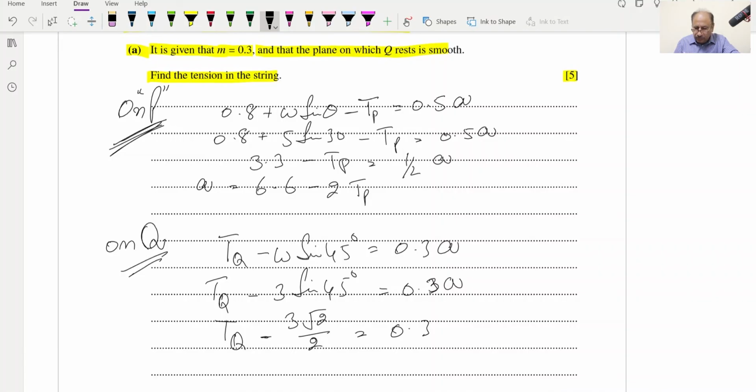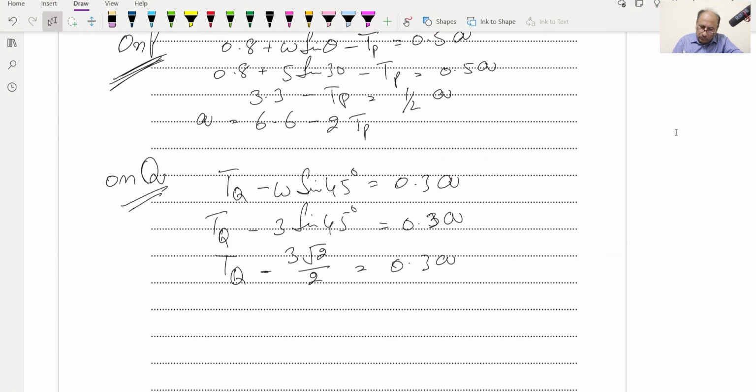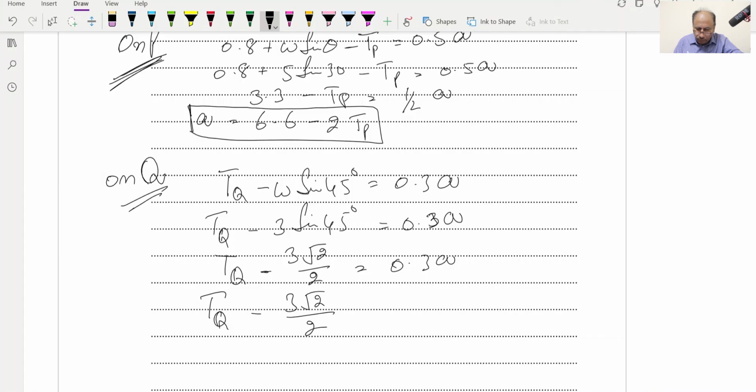This is 0.3a. Now we can replace this a value by the a value which we calculated. So we will get TQ minus 3 under root 2 over 2 is equal to 0.3 into 6.6 minus 2 TP.